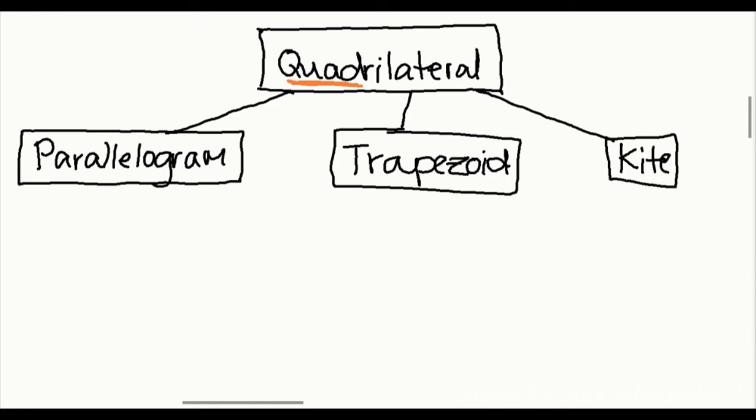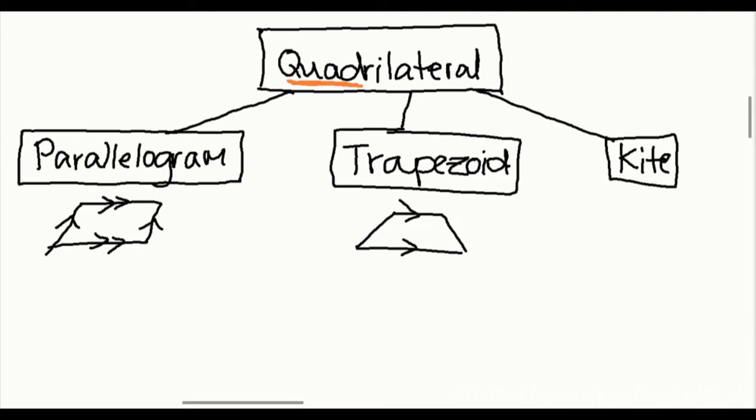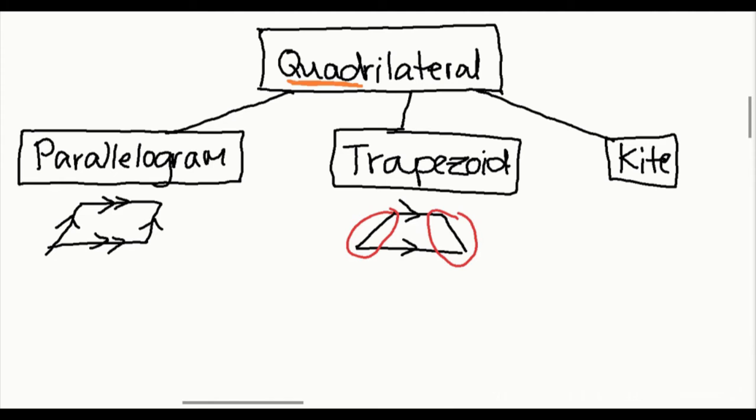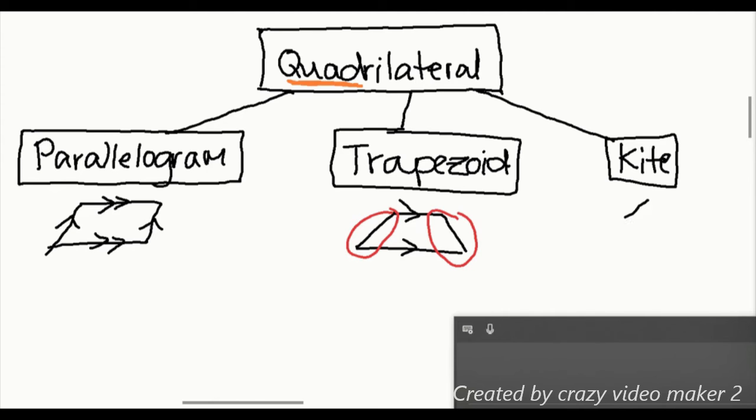If I were to draw you a parallelogram, we learned that parallelograms have their parallel sides. Then we will learn about trapezoids. Trapezoids look kind of like this. They've got 2 parallel sides, but the other 2 sides here are not parallel. And then we have our kite. We will learn about kites in a few days.